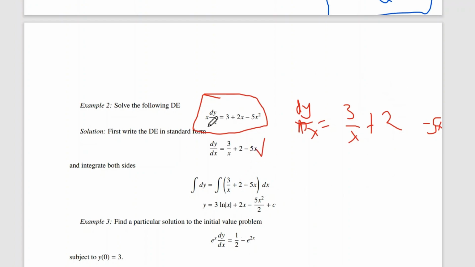Then from there, we cross multiply, so dy is equal to 3 over x plus 2 minus 5x, all times dx. Then we check if there is anything that has to do with y here.